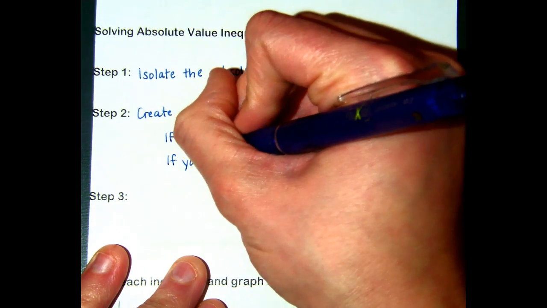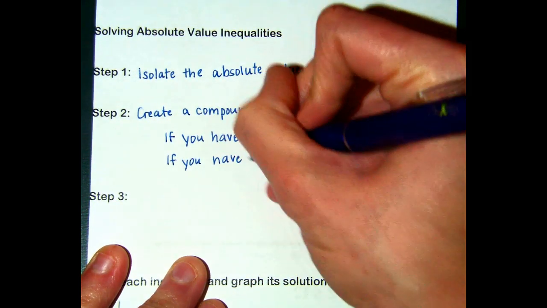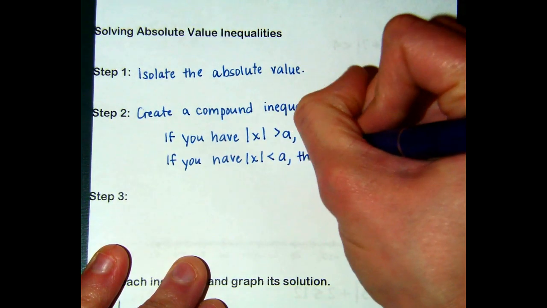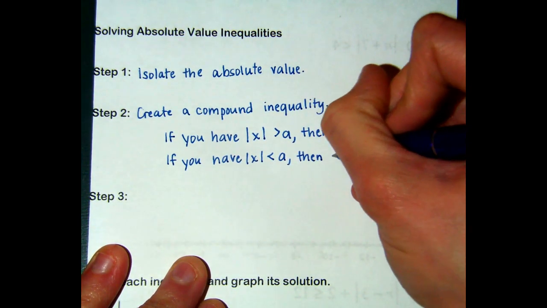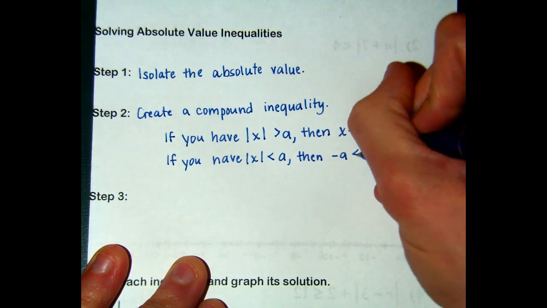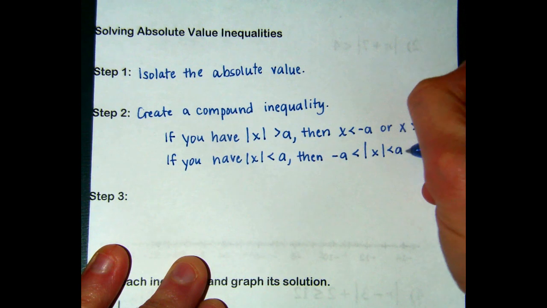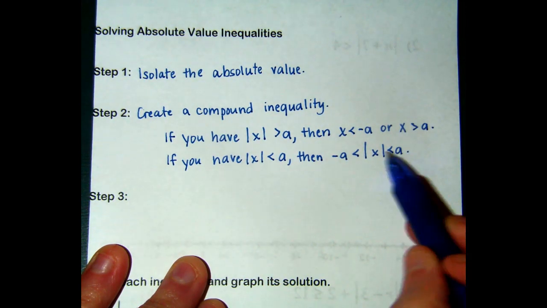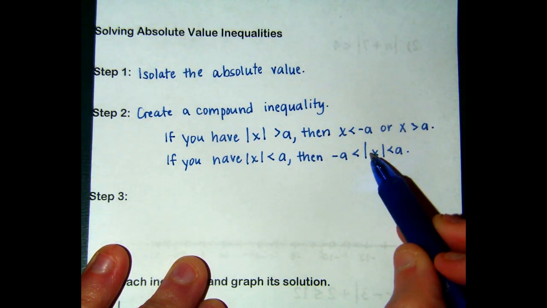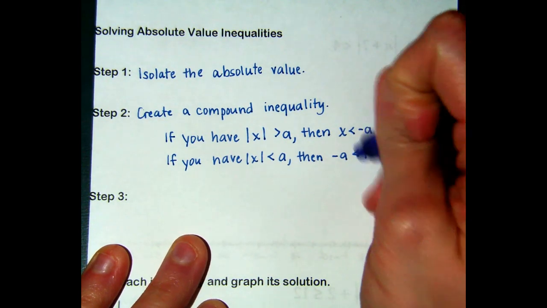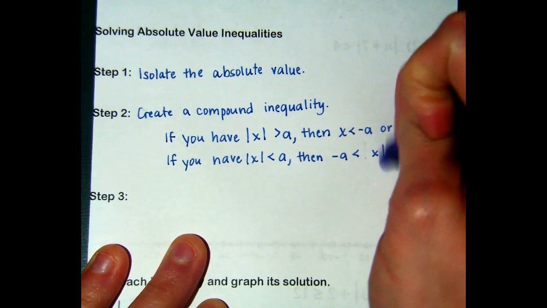If you have x is less than a, then you are going to set up a compound inequality, which will look like this, where what's inside is in the middle, and you have a negative and you have a positive, but without the absolute value symbols, we need to take those out.